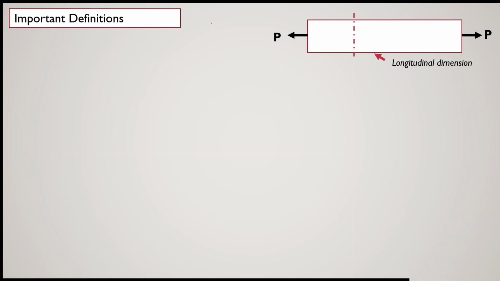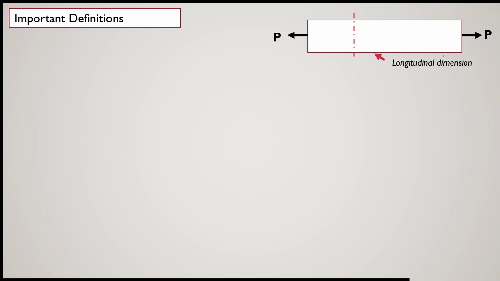Now, if you see in this figure, there is a rectangular body. It may be any type of material. It may be steel, it may be concrete, RCC, or it may be wood. When some load, in terms of force, is applied on it, what will happen to this material?